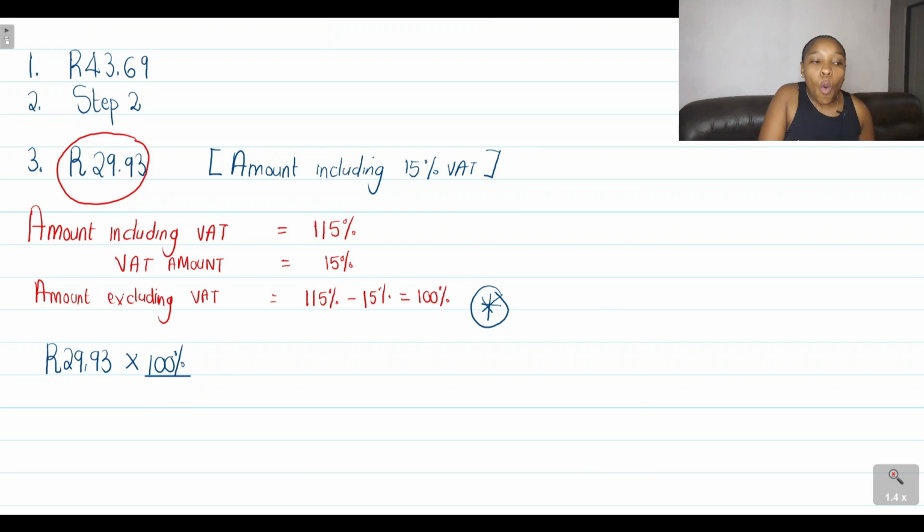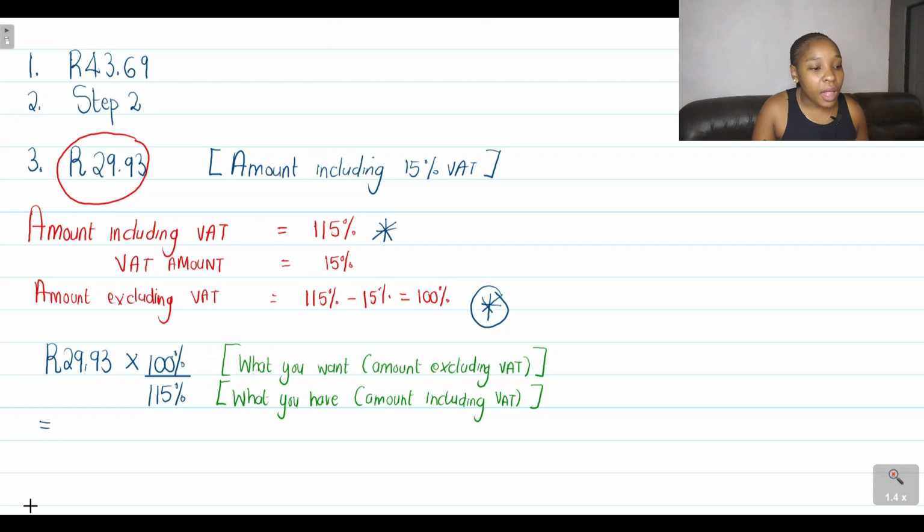And what do we have? That 29 Rand and 93 cents represents our tariff that includes VAT, right? So we've got our amount including VAT, which is 115%.